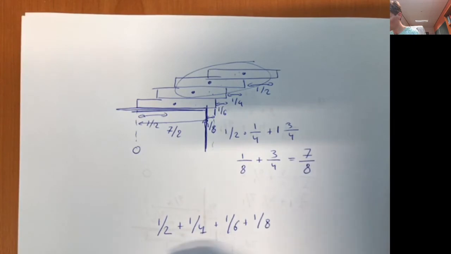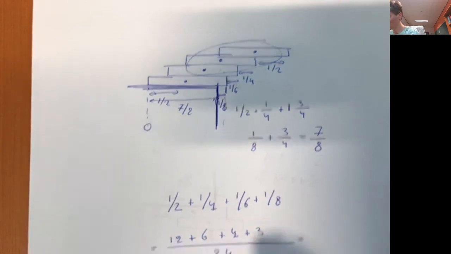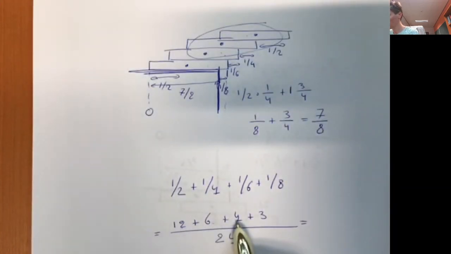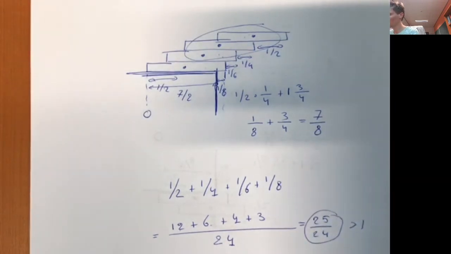And I put them on a common denominator. So here let's take 24. So I have 12 plus 6 plus 4 plus 3. It's 18, 22, 25 over 24, and now we see that this is bigger than 1.